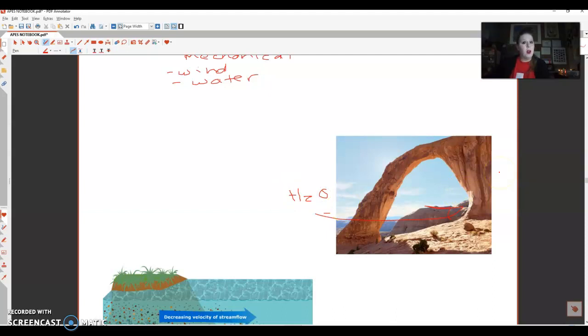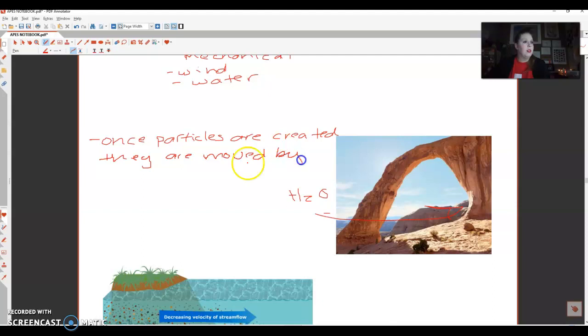Now, once the particles are created, they are moved by erosion, as I said. So the question is, what causes erosion?